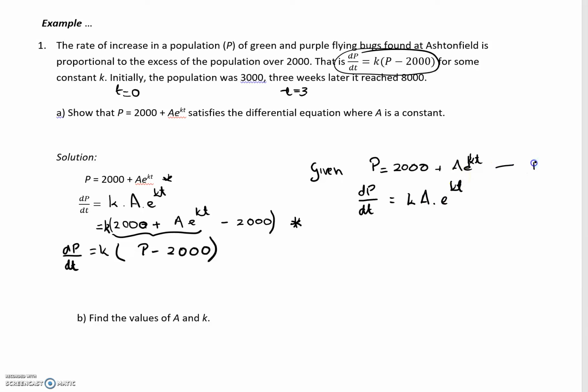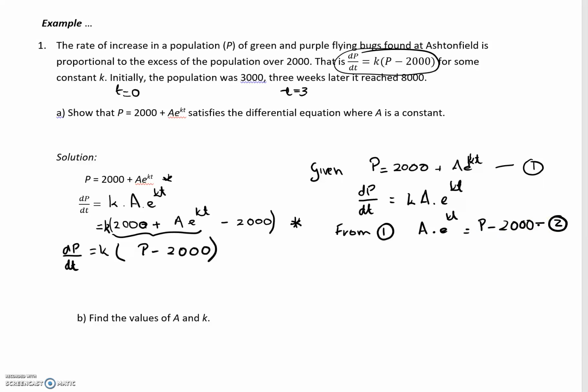But if I call that 1, then I'm going to say from 1, Ae to the kt is equal to P minus 2000. And let's call that 2.